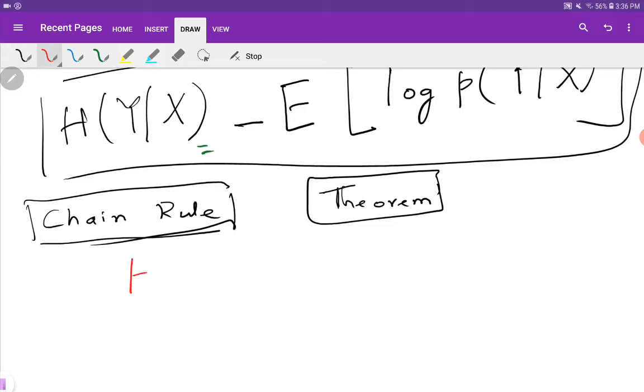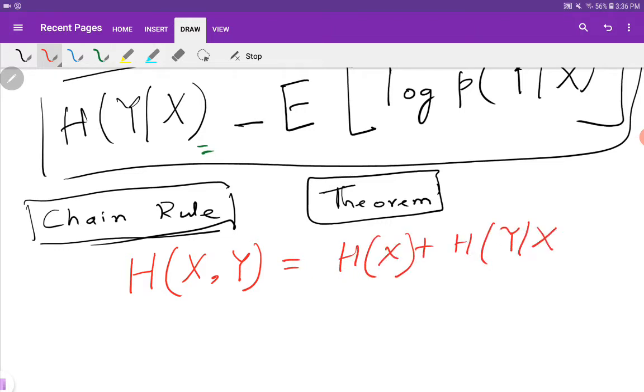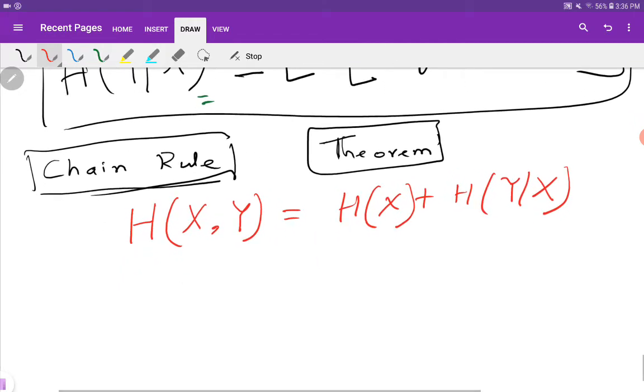It is because it gives an alternate definition of the joint entropy in terms of the entropy of a variable and the conditional entropy of the other variable. So this is like the equivalent of Bayes rule in probability, but here instead of a product you have a sum.